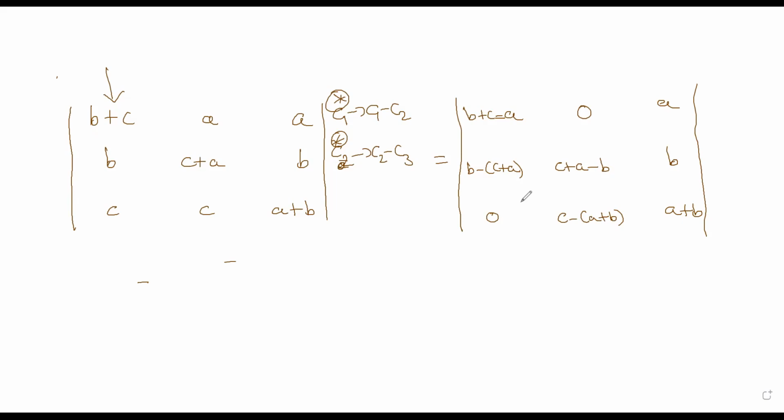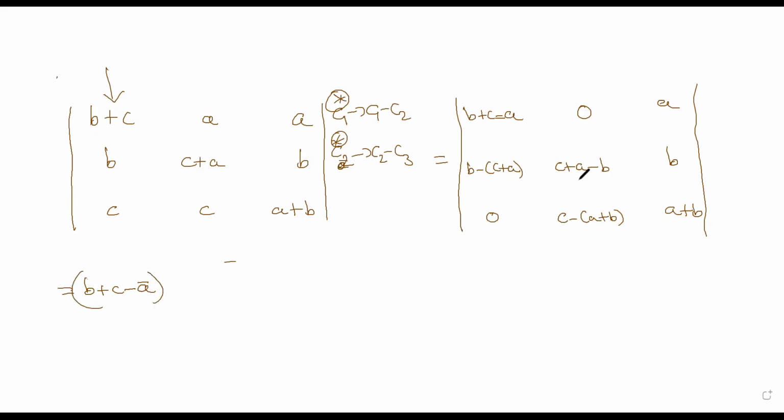And now after that, straight away go for an expansion. Here B plus C minus A should be the row. You can do row or column operation, no problem. So B plus C minus A you have. I will do the row one itself.